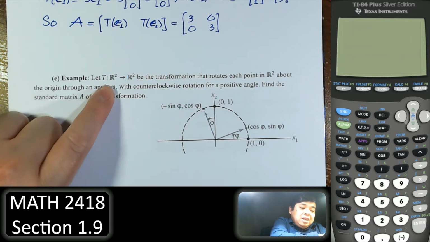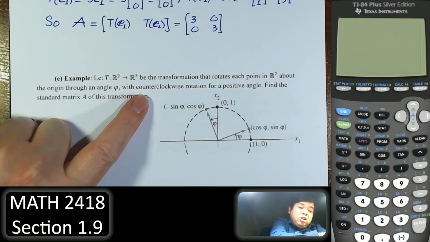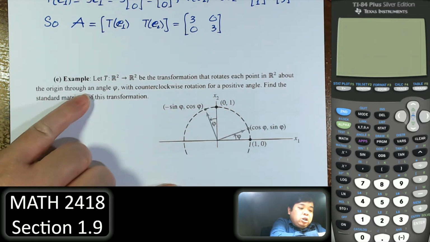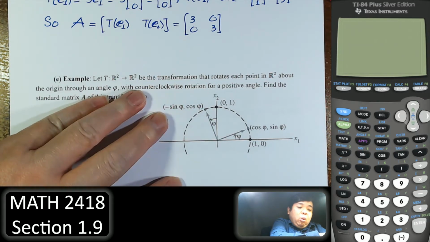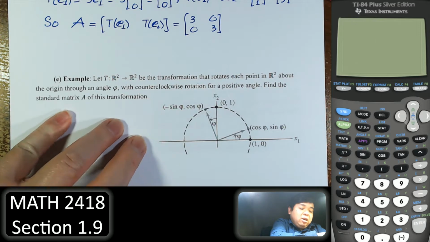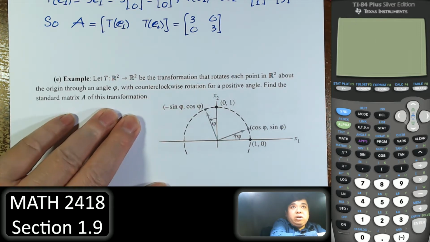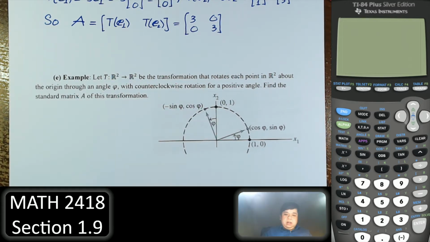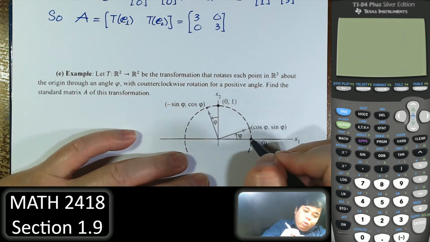Now, let T from R2 to R2 be a transformation that rotates each point in R2 about the origin through an angle phi, with counterclockwise rotation for positive angle. Find the standard matrix A for this transformation. So we have the point 1, 0 will be here.